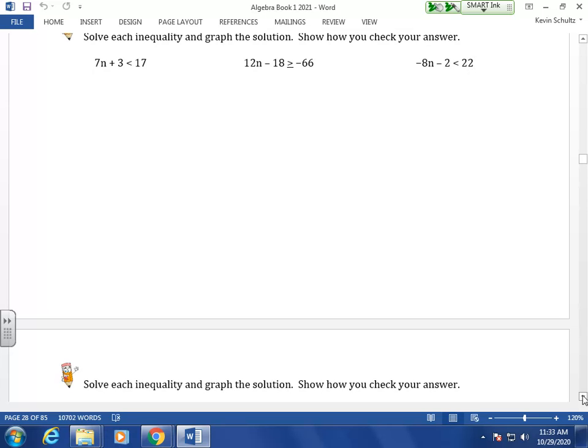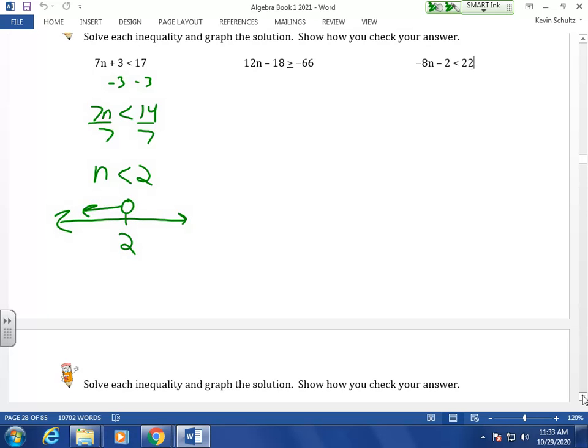So we'll start by subtracting 3. 7n is less than 14. Divide both sides by 7. And n is less than 2. No need to flip. We did not divide by a negative, but we do graph it. Open circle at 2, going left. Okay.